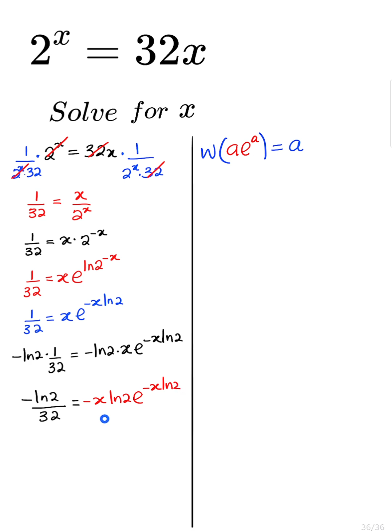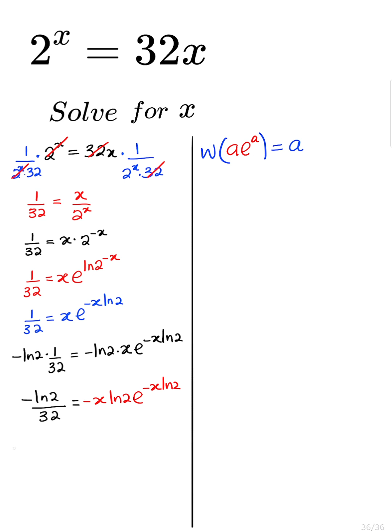Looking at the left hand side now, you get to see that this base is now the same thing as the exponent, which corresponds to this pattern of term. At this point, what we need to do is to apply the Lambert W function to both sides of the equation.